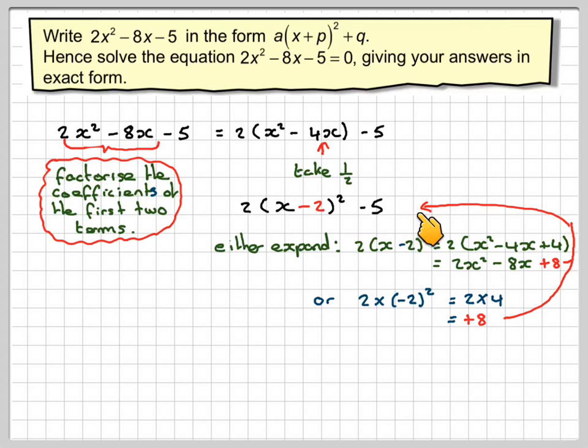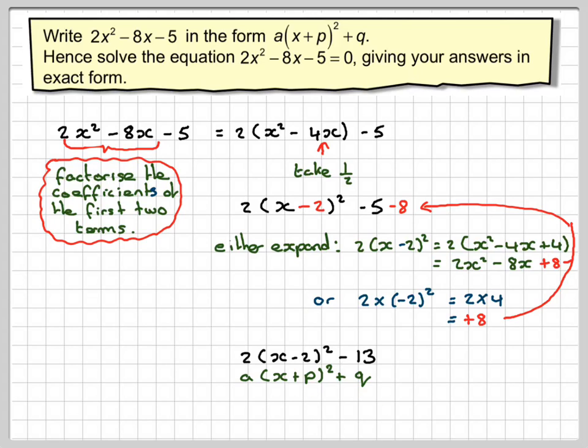So here we must do the opposite thing and subtract 8, otherwise we would change the meaning of the expression. So this now becomes 2(x − 2)² − 5 − 8, which is −13. That's now in the correct format, a(x + p)² + q.